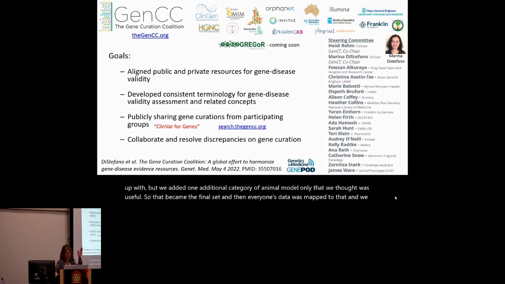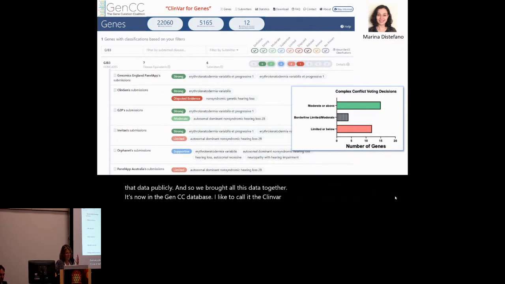And we also, in the interim, discovered there were a lot of clinical labs curating gene disease relationships in order to build their genetic testing panels, and they were willing to share all that data publicly. And so we brought all this data together. It's now in the GenCC database. I like to call it the ClinVar for genes, because I mentioned earlier this is really claims on gene disease relationships.